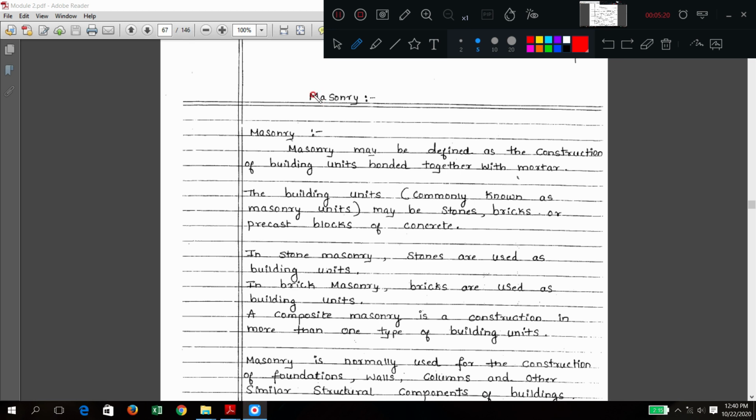Next, we will start with masonry. What do you mean by masonry? Masonry may be defined as the construction of building units bonded together with mortar. I will repeat: it is defined as the construction of building units bonded together with mortar.